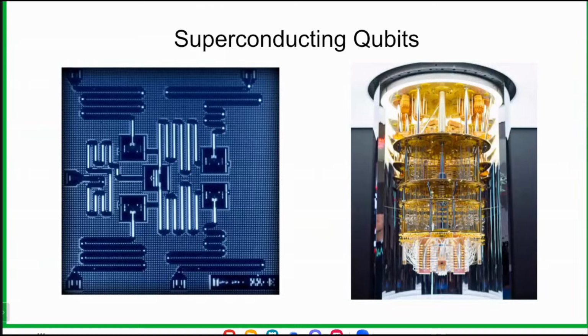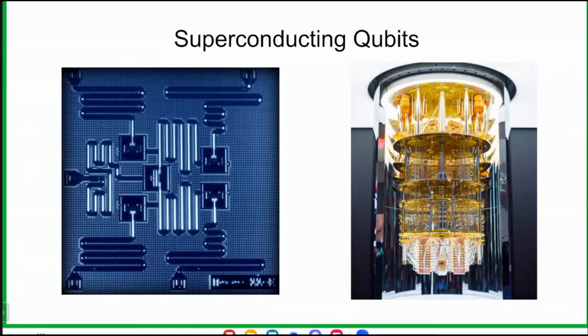Whenever you are trying to scale the number of qubits, increasing the number of qubits, that becomes a bit of an issue because the heat load on the dilution refrigerator, which is keeping it cool, increases, and you need to make better cryogenic systems.